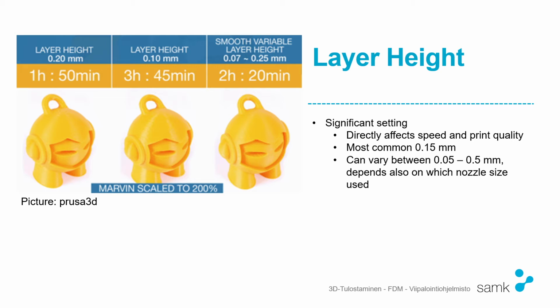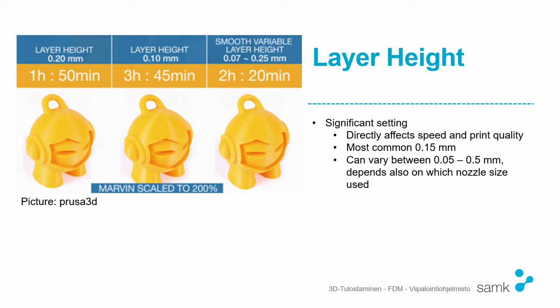This means that if you have a 10 millimeter high object, and if you use layer height 0.2 millimeters, you will end up with 50 layers. But if you use 0.10 millimeter layers, you will end up with 100 layers.